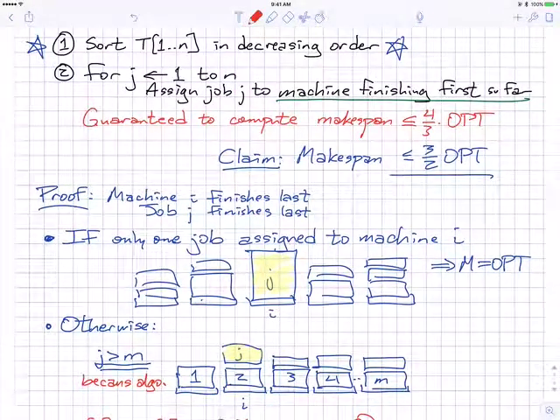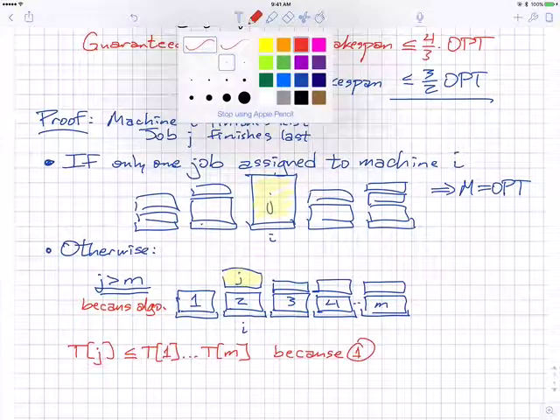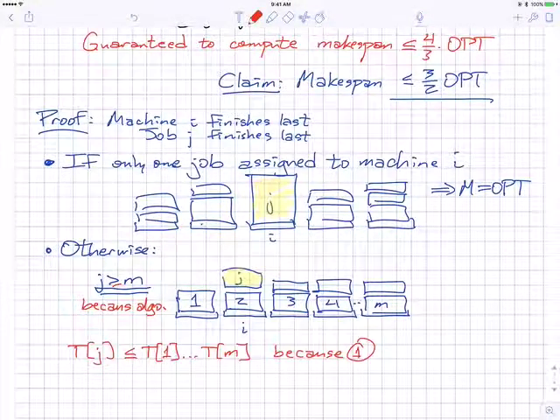This is the first place where we've used the fact that the jobs are sorted from longest to shortest. So instead of saying J is at least M, let me write J is greater than or equal to M plus 1.